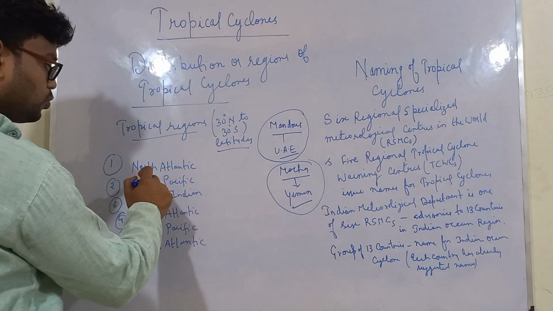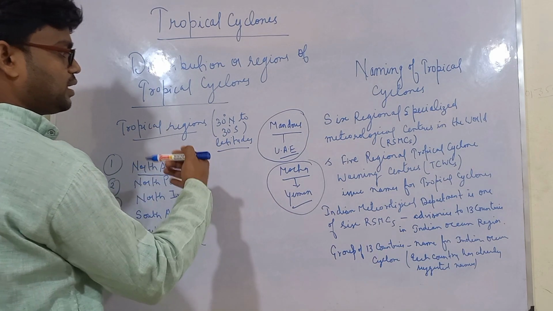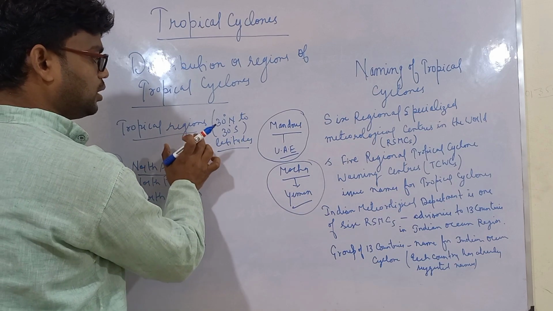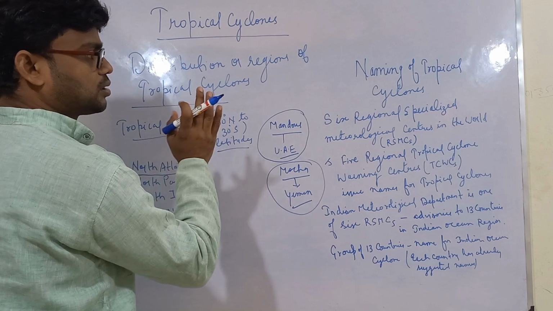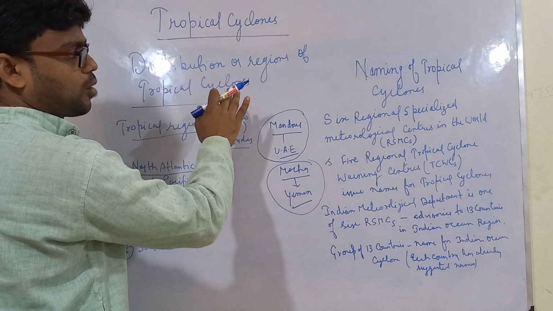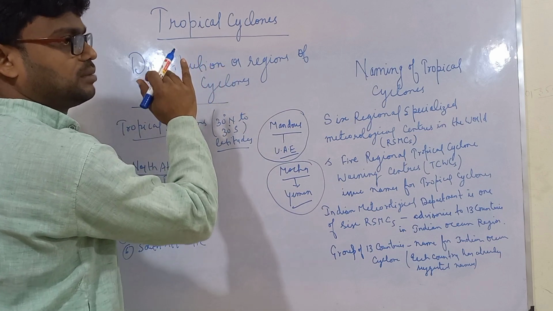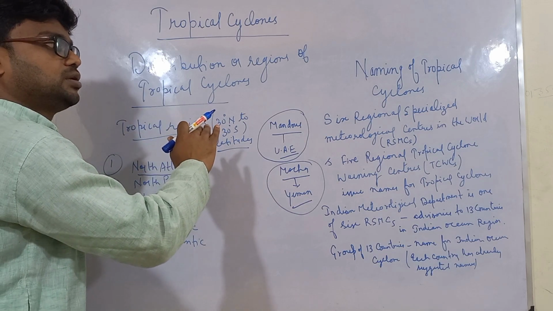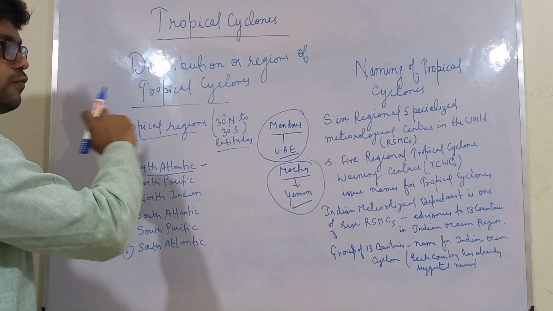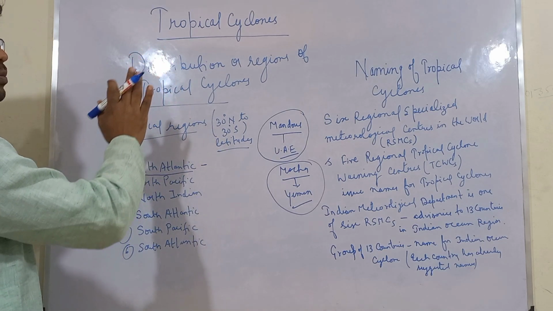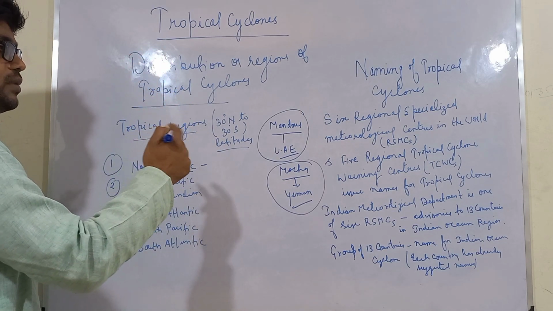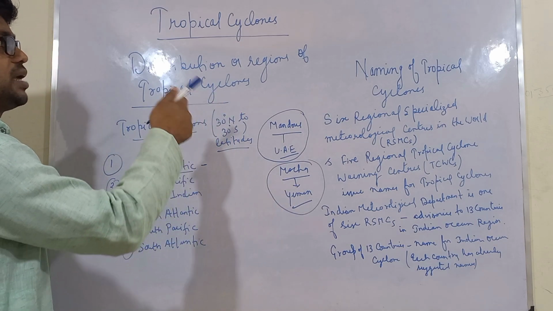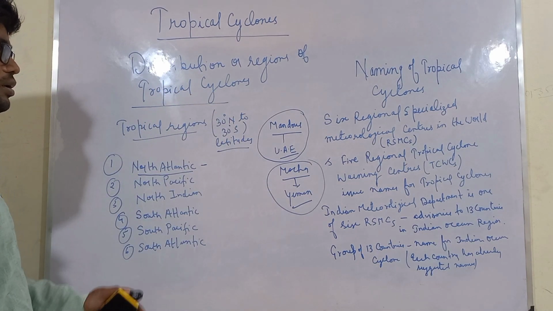Okay, now you need to remember in which months we can observe these cyclones in the North Atlantic. In the north, the sun shines directly over the Tropic of Cancer, in the northern hemisphere, in the month of June. So in the month of June, either the ocean portion or the land portion near the Tropic of Cancer would be much warmer, which is especially required for the tropical cyclones to be formed, that is 27 degrees centigrade temperature.